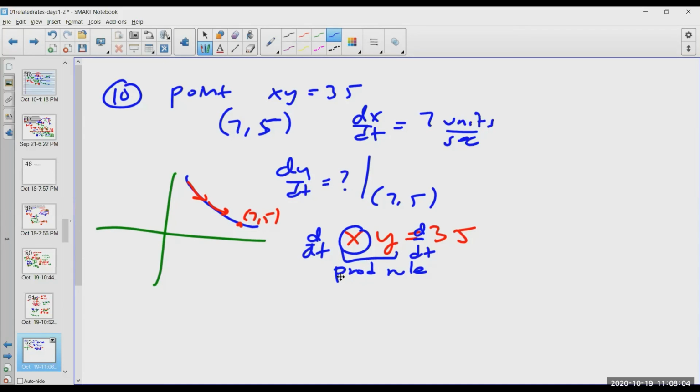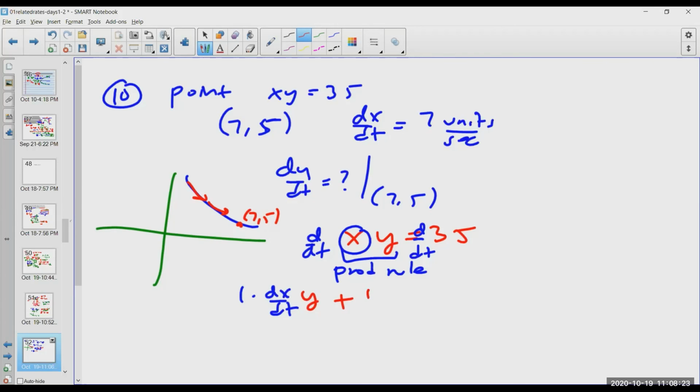So I have to use the product rule here, and this is implicit differentiation. What's the derivative of x? 1 times dx/dt, because we're doing d/dt. So 1 times dx/dt times the second, which is y, plus the derivative of the second. What's the derivative of y?